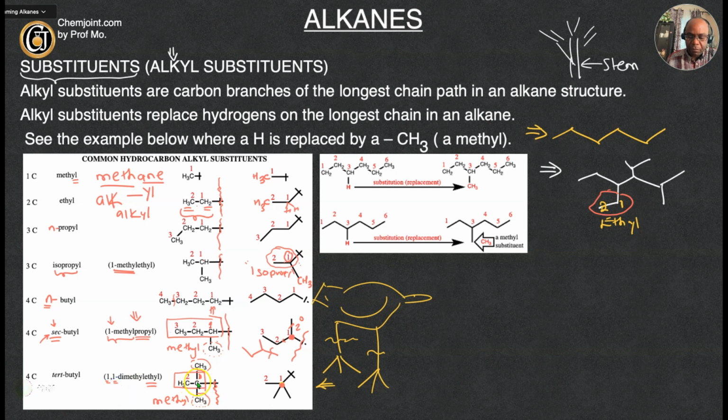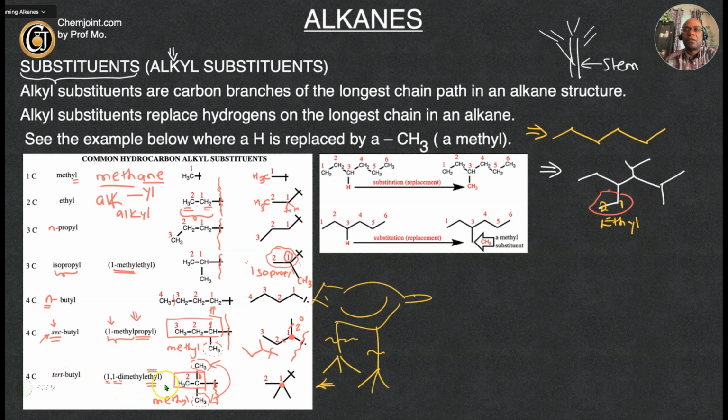You have to define both positions for each, even though they are sharing a carbon. So 1, 1, and because they are 2 of the same type, the preferred IUPAC name will have to say di, and then there are 2 methyl groups. So we say dimethyl ethyl. Ethyl is the longest continuous chain in the substituent.